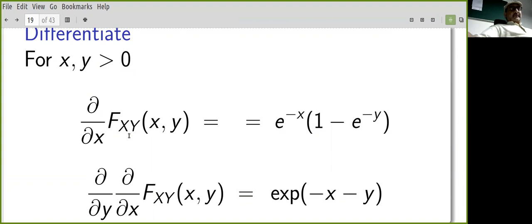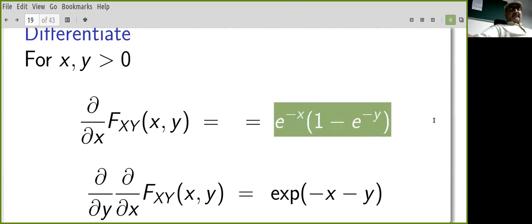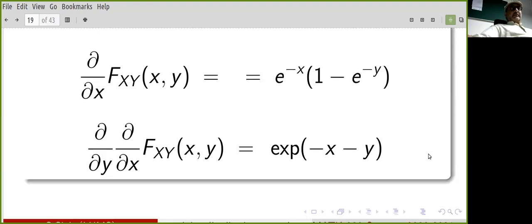So partial derivative with respect to x of the CDF: you take the derivative with respect to x, and you consider y just as if it was a constant. You don't differentiate anything with respect to y. All the derivatives are with respect to x. That will give you e to the minus x times (1 minus e to the minus y). Now you take the partial derivative with respect to y of this, treating x as if it was a constant, and you will get e to the minus x minus y.